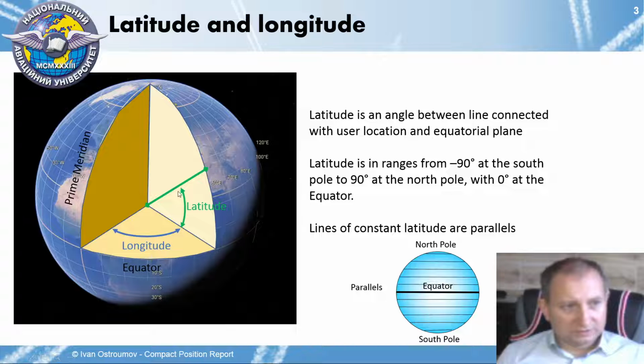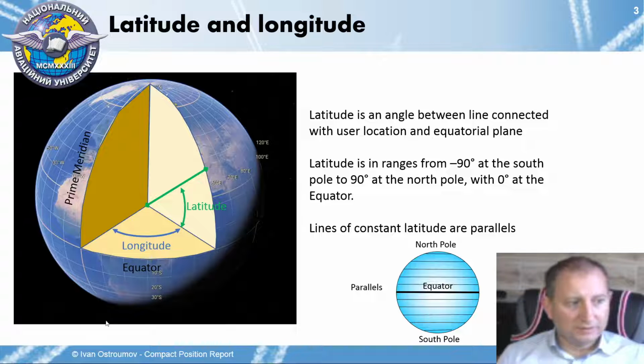Also, quite important that latitude scale is divided into two zones. First zone is the north zone, and the next one is the south zone. And at the equatorial plane, our latitude is equal to 0. The north side of latitude is marked with the sign plus, and the south side of latitude is marked with minus.